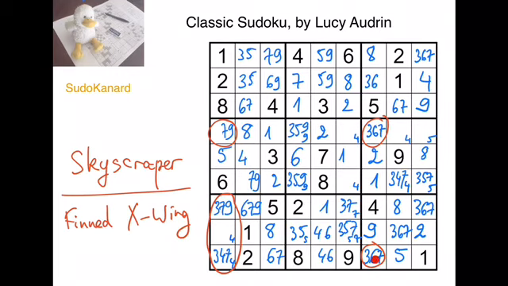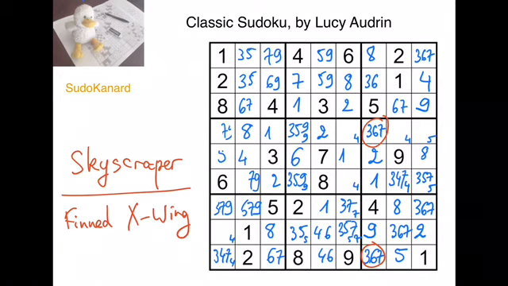And in both cases, you have 7 either here or there, meaning that 7 can't be in this cell. 7 in this cell would remove 7 from here, and you would have 7 in both cells here, which would break the puzzle. So this removes 7 from the options of this cell.